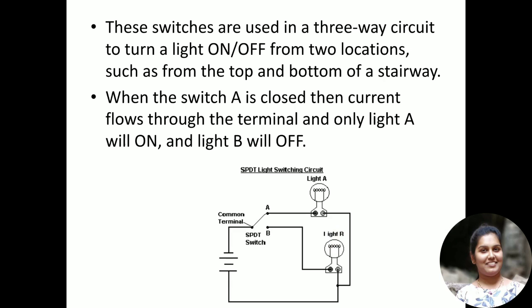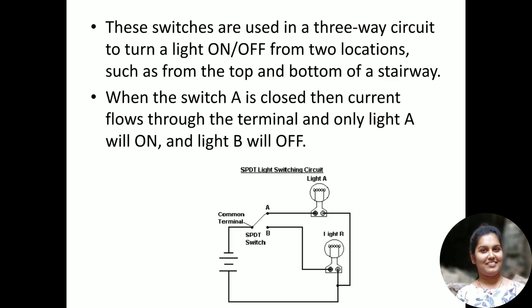If we want to turn on light A, light B goes off, or if we want to turn on light B, light A turns off. That is, any one of the lights will be on at one time. But both of the lights will not be on at any point of time.